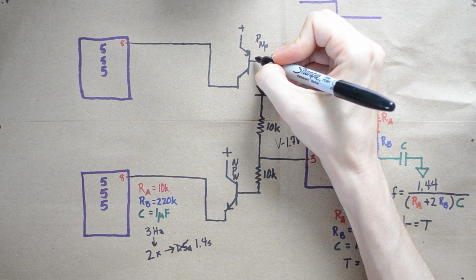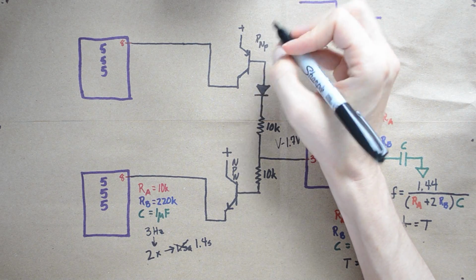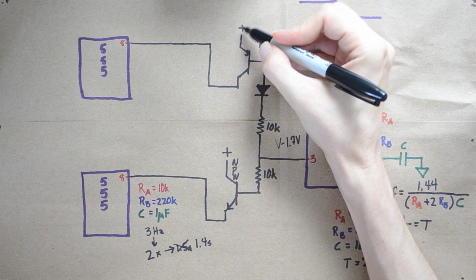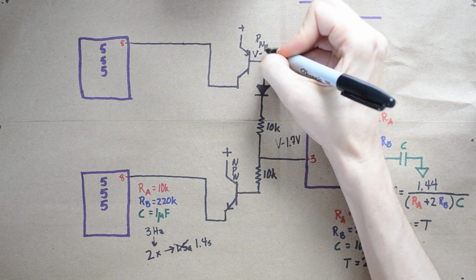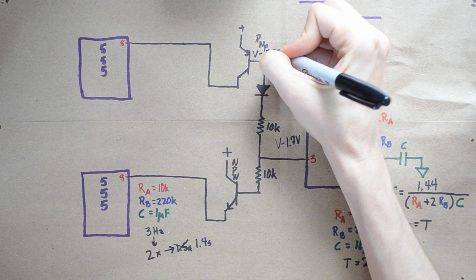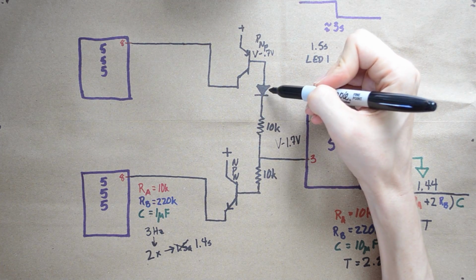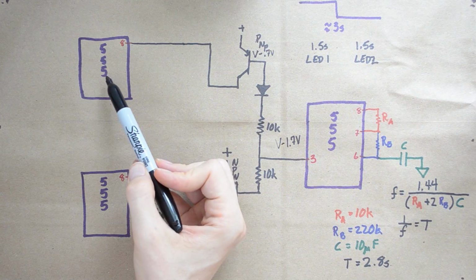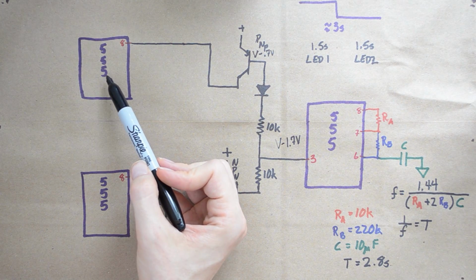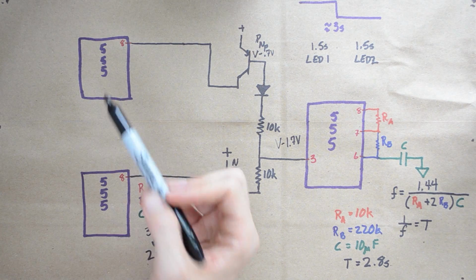When this base is not seeing ground, it will sit at a voltage that is roughly the source voltage minus 0.7 volts. So if you leave this diode out, just enough current trickles through this to make the LEDs being blinked by this 555 timer just slightly dim.